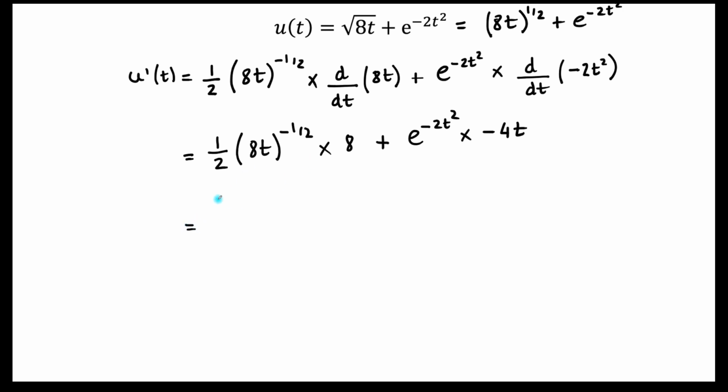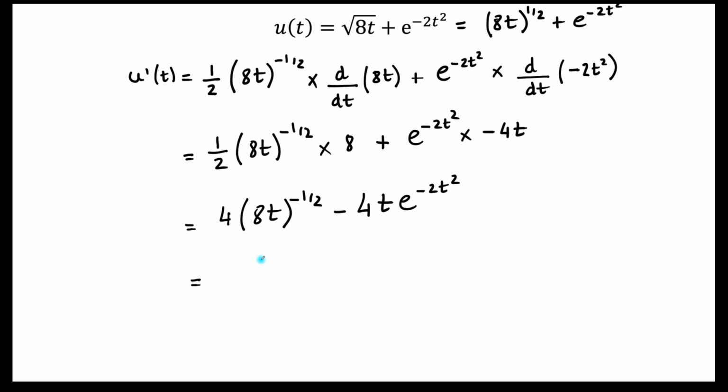Then a half and 8 would multiply, that will give me a 4, so that'll be 4 (8t) to the minus a half, and this negative will cancel this positive, so that will be negative 4t e to the minus 2t squared.